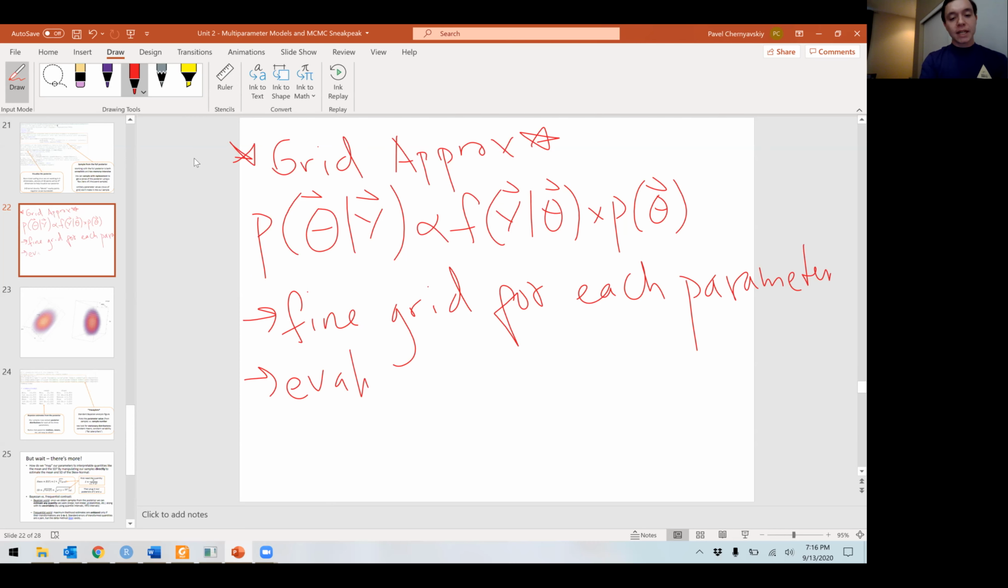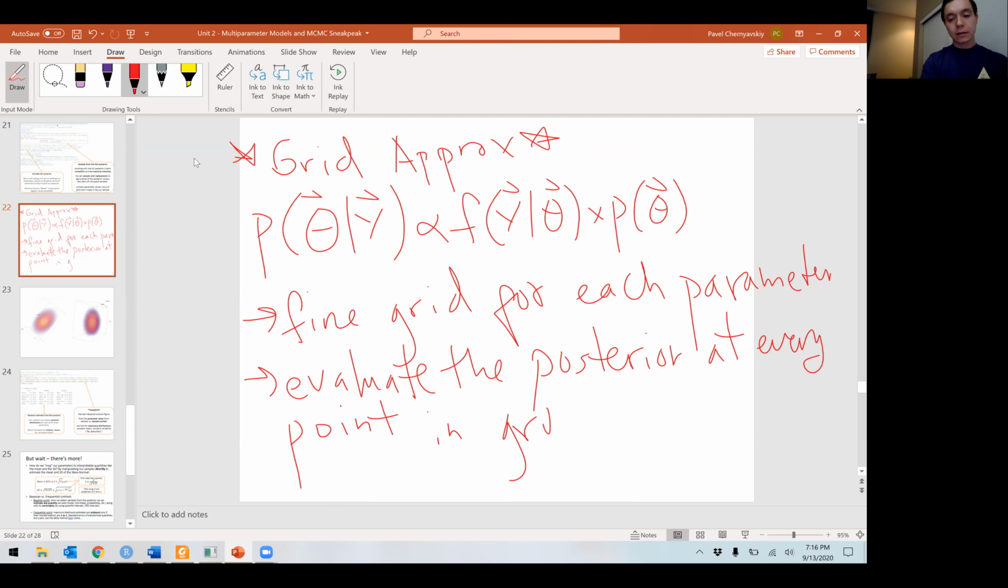And we evaluate the full posterior at every point in the grid. So this really is a teaching tool, because that allows you to literally, programmatically, touch every single point in your grid.